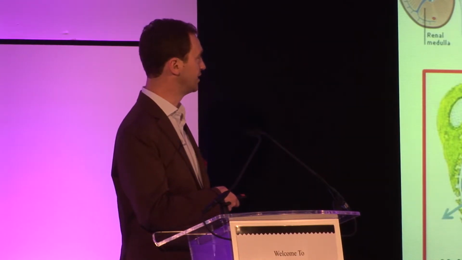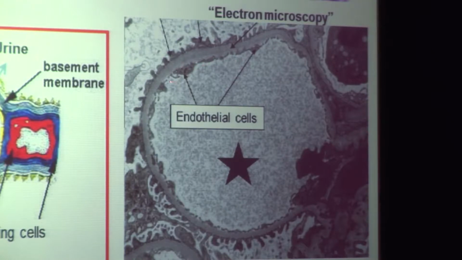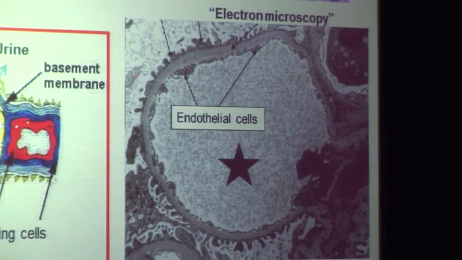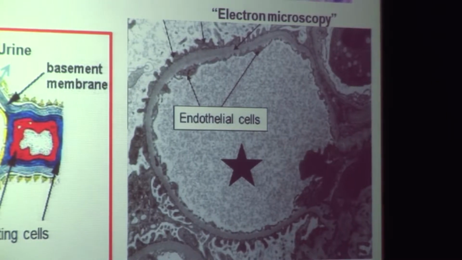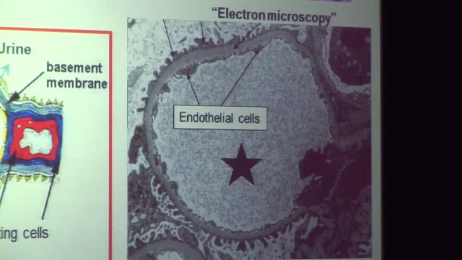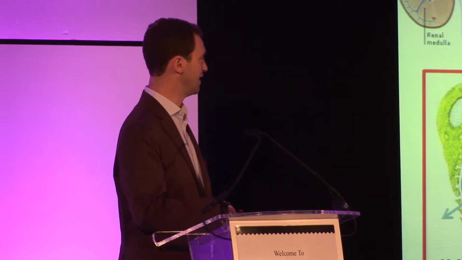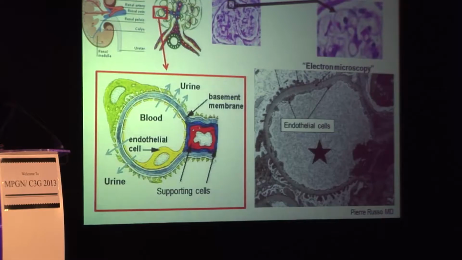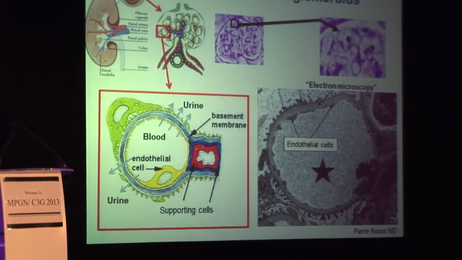And then on the inside, you've got the endothelial cells, and endothelial just means on the inside of blood vessels, because these are the cells that line all the blood vessels of the body, but there are specialized endothelial cells, specialized blood vessel cells that line the capillary loops in the glomeruli of the kidney. And over here you can see some of the supporting cells, the mesangial cells that support the structure.